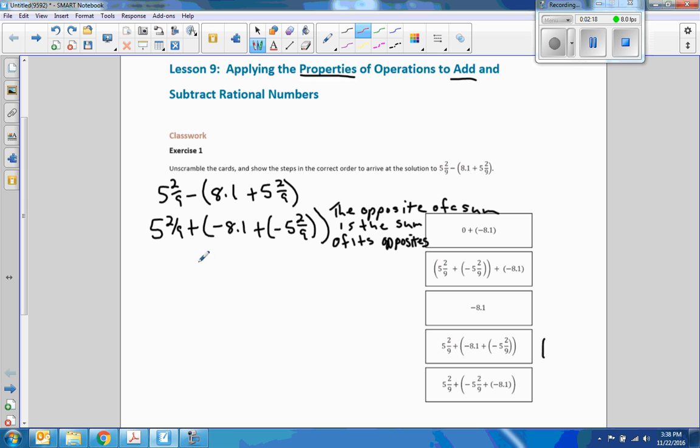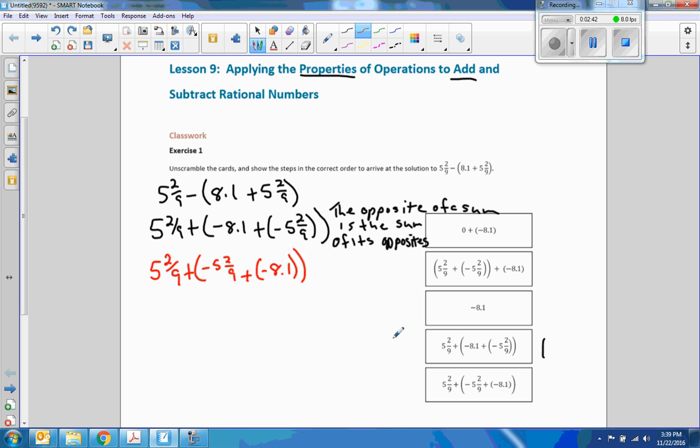Now we want to rearrange this so like terms are next to each other. We have a positive 5 and 2/9 and we have a negative 5 and 2/9. So I'm going to put 5 and 2/9 plus negative 5 and 2/9 plus negative 8.1.